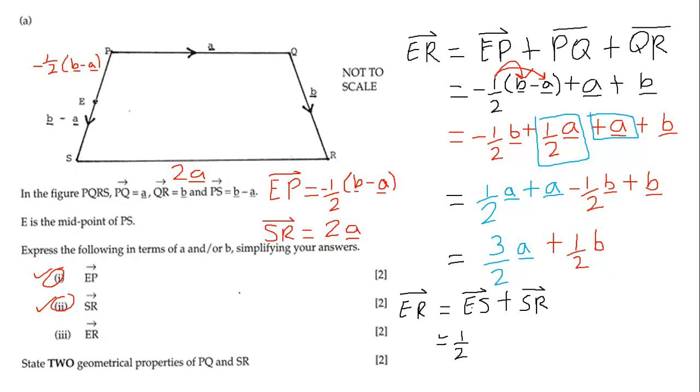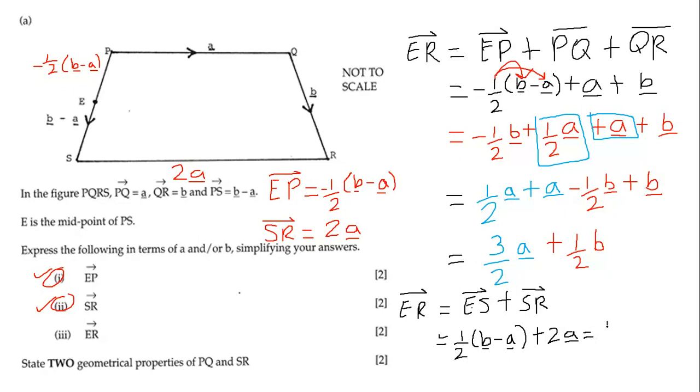So it's simply a half B minus A. And this is going to be equal to plus, what is SR? Well, SR is 2A. How do we know that? Right here, SR is 2A. Okay, good.